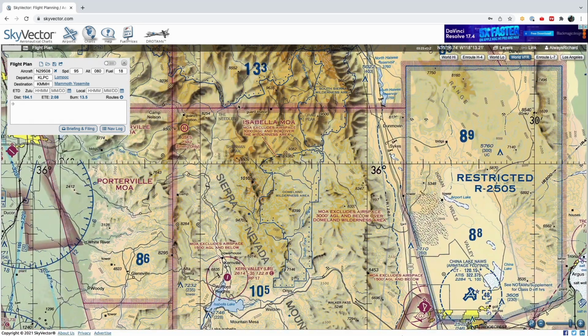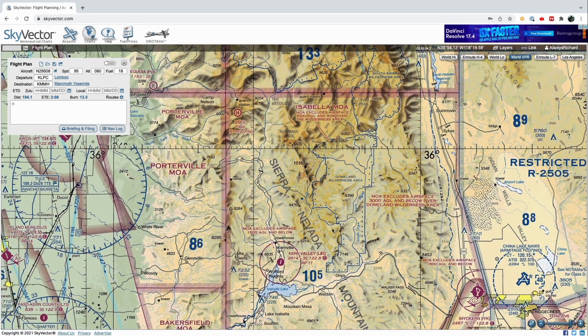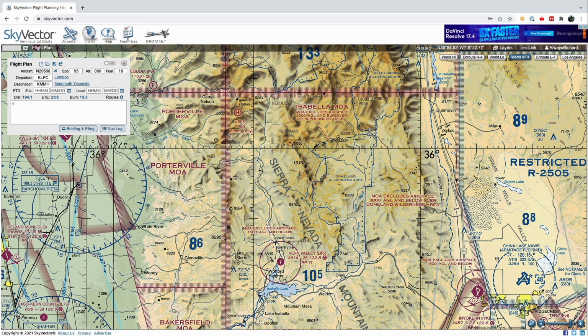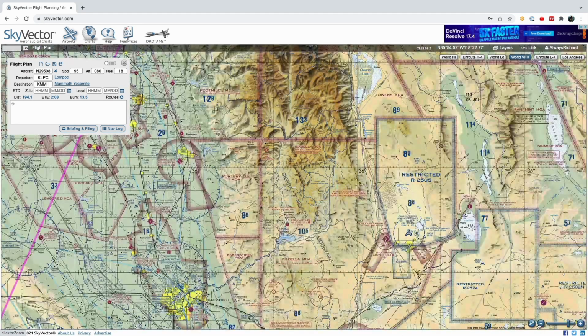So that's probably why ideally you want to fly up this corridor here. I have to worry about the Isabella MOA. So what I'll do is grab the flight path, bring it up to here, and fly up this road.